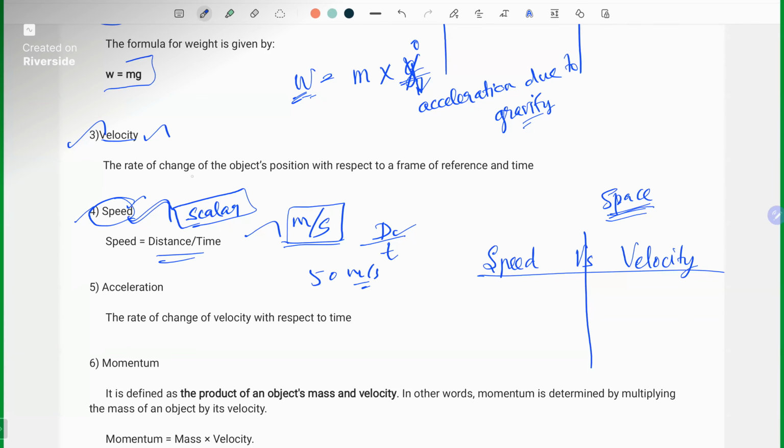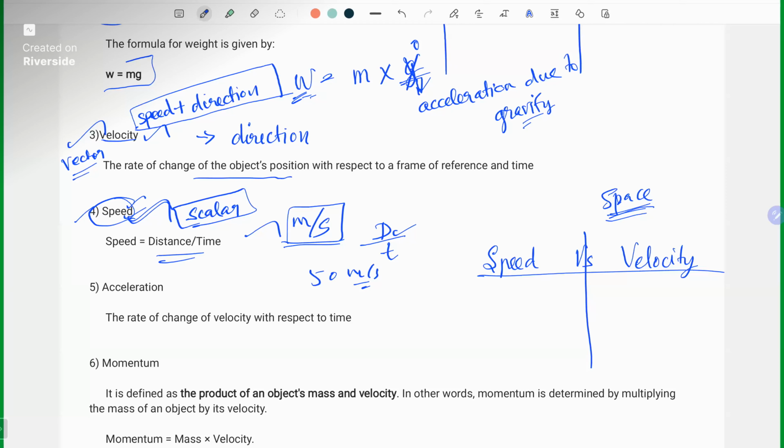But when it comes to velocity, it gives information about direction also. So velocity involves speed as well as direction. I said this when explaining vector quantity, why velocity is a vector: speed talks only about speed, whereas velocity talks about speed as well as direction of an object. Rate of change of an object's position with respect to frame of reference and time.